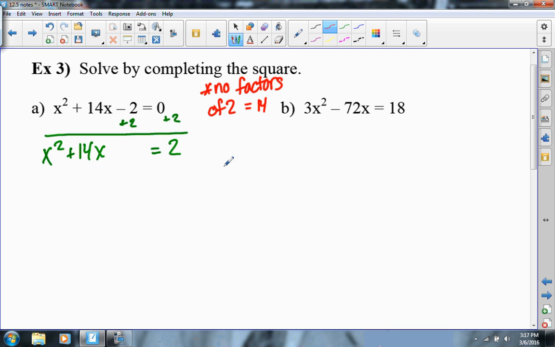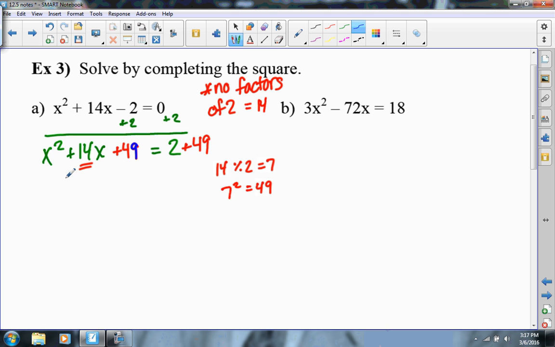So I'm going to do half of 14. It's always this middle term here. So 14 divided by 2 is 7, and then I square the 7 and I get 49. So that's the number that's going to make my binomial into a perfect square trinomial. And what I add to one side, I have to add to the other.